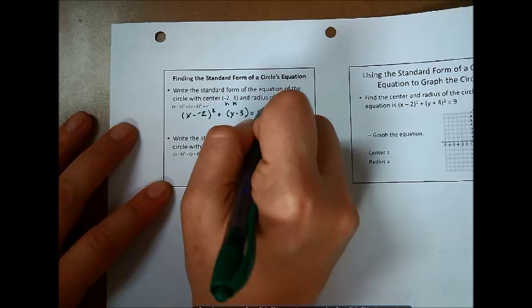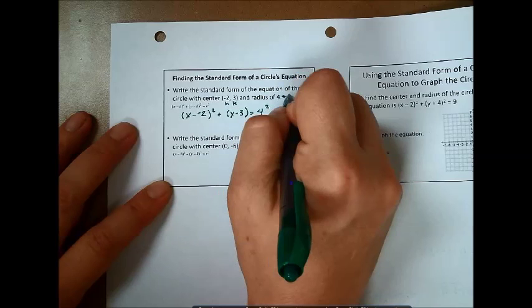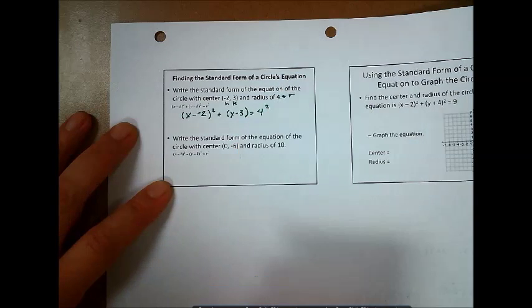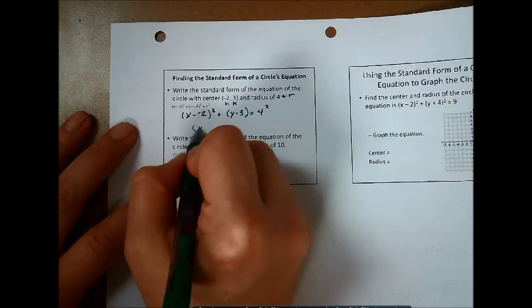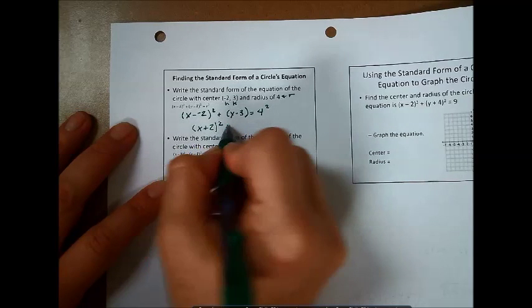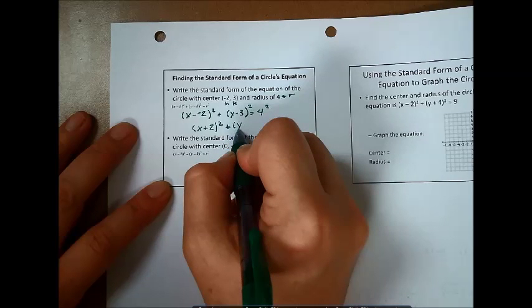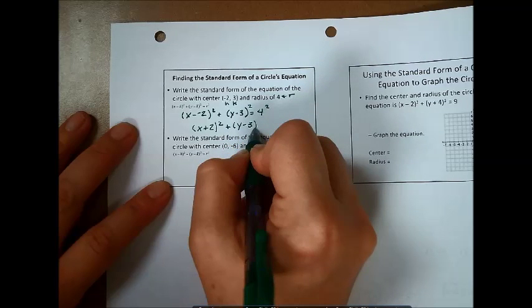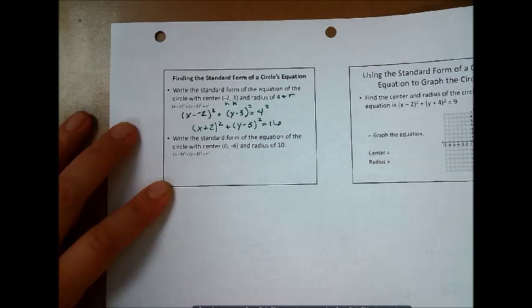We just put in our h, our k, and our r, because the radius is 4. So that's r. Then we simplify. Minus a negative is plus a positive. So (x plus 2) squared plus (y minus 3) squared equals 16. And that's our standard form of the equation.